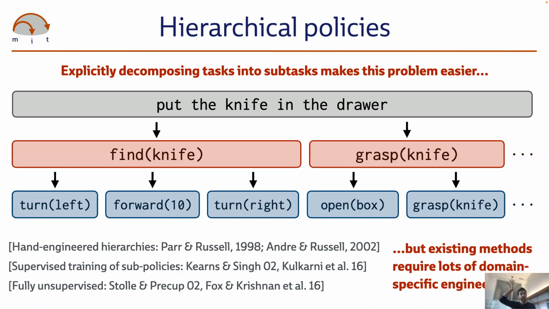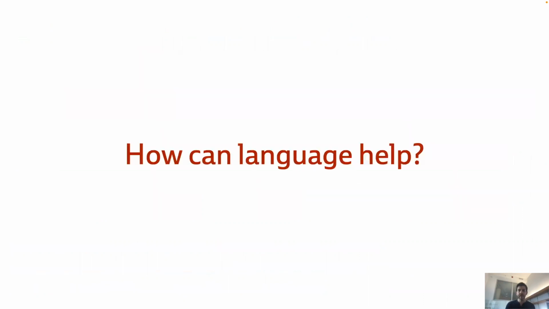They require you to either formalize your domain symbolically and engineer some kind of symbolic planning mechanism, or to commit ahead of time to some fixed inventory of skills, collect a bunch of targeted supervision for each of those skills, collect a bunch of additional supervision that tells you how to sequence those skills together for each high-level goal, and then you pipeline this learned planning model and the learned acting model together.